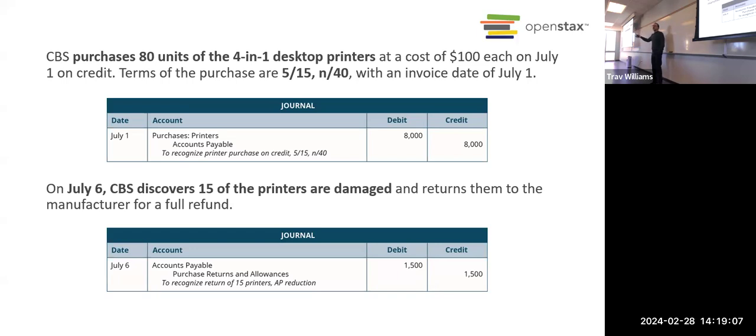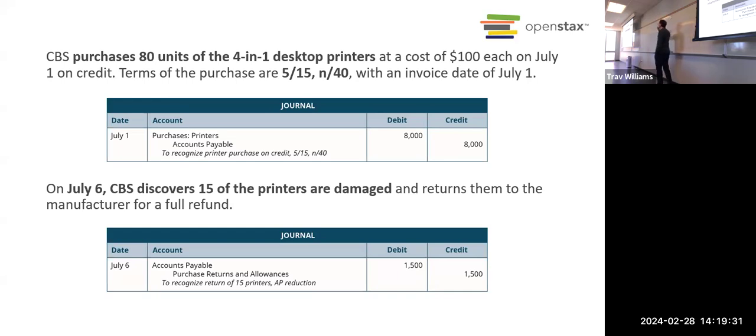So with the periodic method, when you make a sale, you don't count the inventory at that time. When you return an item, you don't record the inventory at that time either. All you do when you make a purchase, it's purchases. When you make a return or get an allowance, it's purchase returns and allowances.